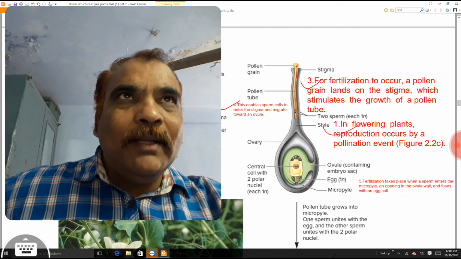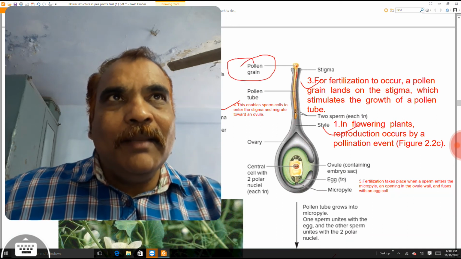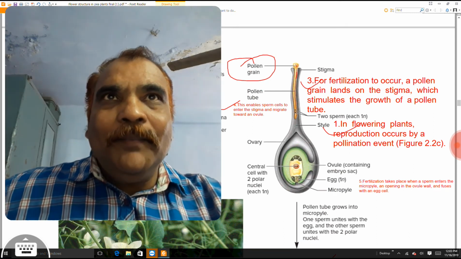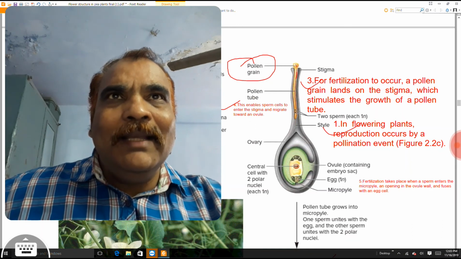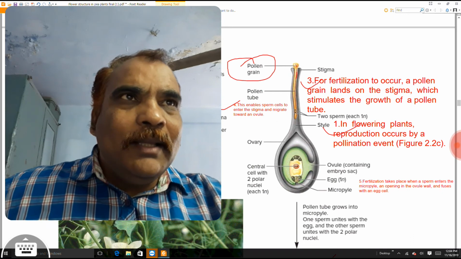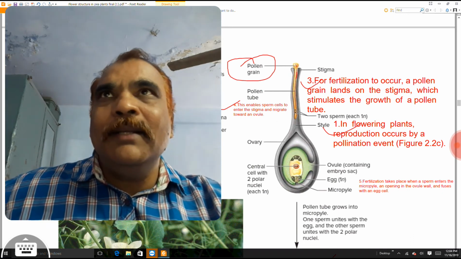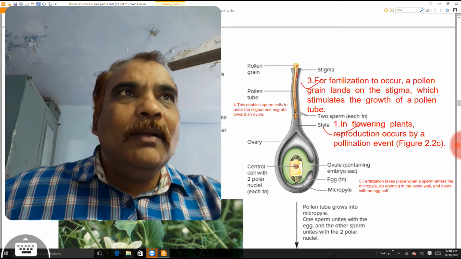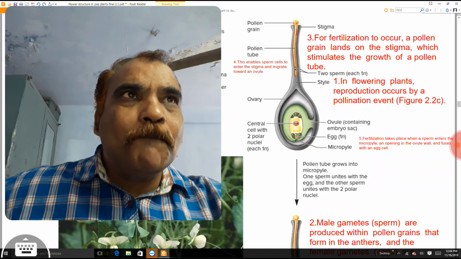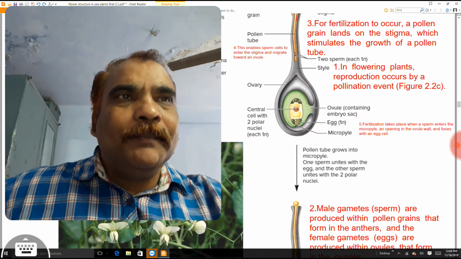Here you can see that once the pollen grain has germinated, the pollen tube is formed. This pollen tube travels in the style and moves toward the ovule. In the pollen tube the two sperms are already present.